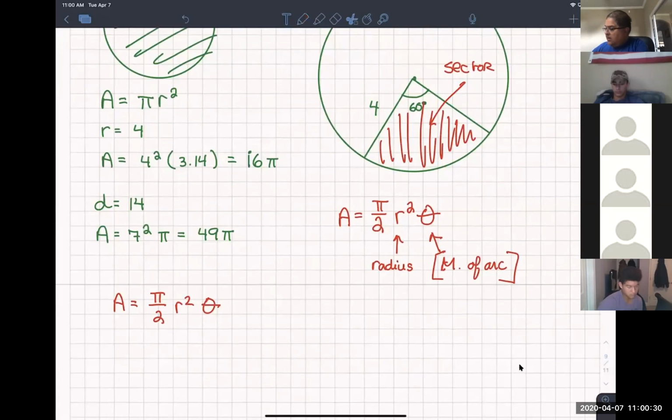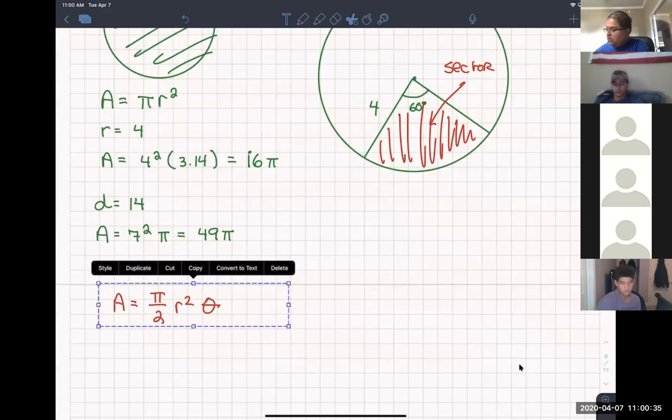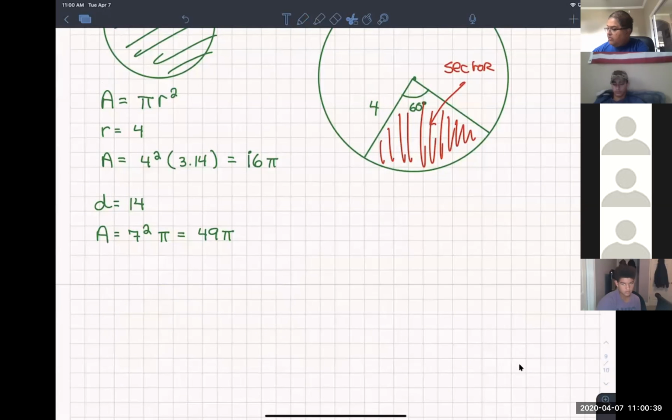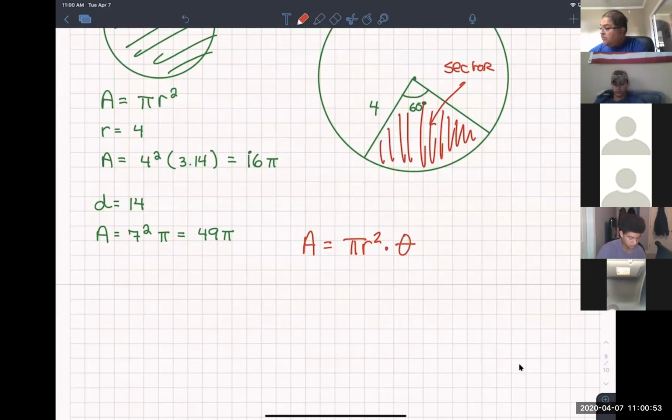Scratch that, guys. That's in radians. So area is equal to the area of the circle, so pi r squared, times the angle measure divided by 360.